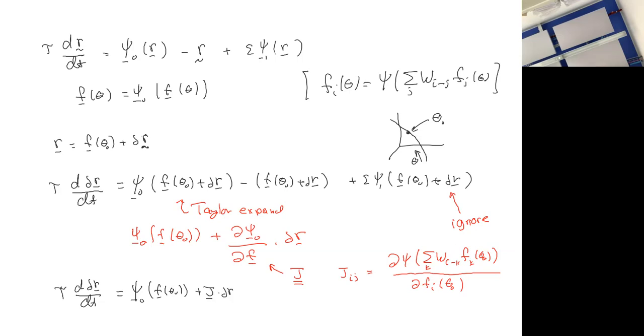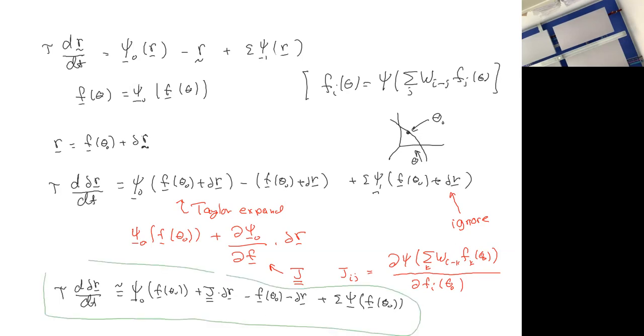J depends on theta naught, but I can suppress that. So this is approximately equal to minus f of theta naught minus delta r plus epsilon psi 1 of f of theta naught.